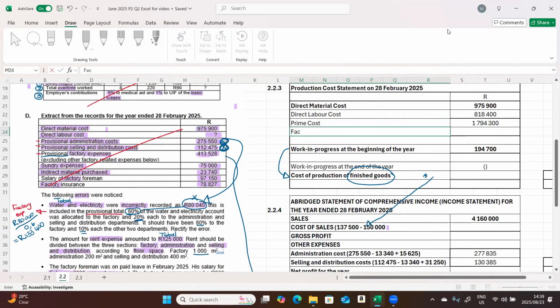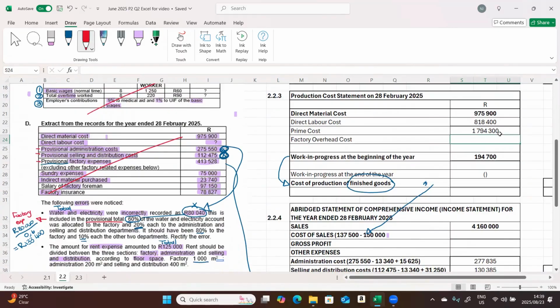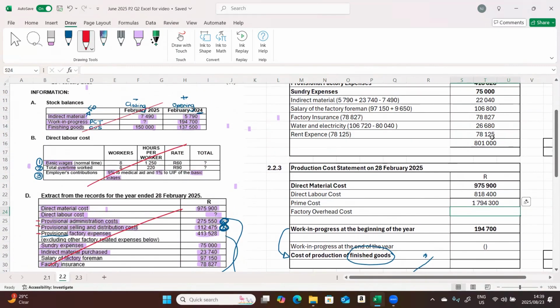All right, so let's do exactly that. Factory overhead cost. Okay, so factory overhead cost, that comes from our factory overhead cost note. Okay, let's just put them in the same frame. So 801,000 Rand. Okay, that is what my factory overhead cost is.